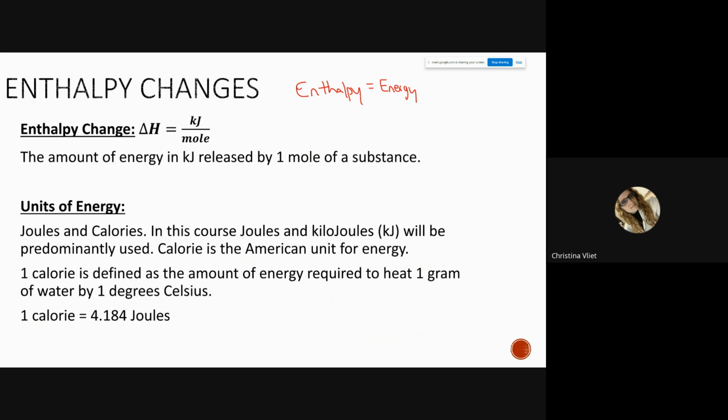So, like I said, for the most part, you're going to be able to use these terms synonymously here. But if you were to study more in depth, a physical chemist would tell you they are not the same, because there are two different forms of energy, one at constant pressure and one at constant volume. They have two different names. Enthalpy is one, the other is called internal energy. For now, this is what we're going to know.